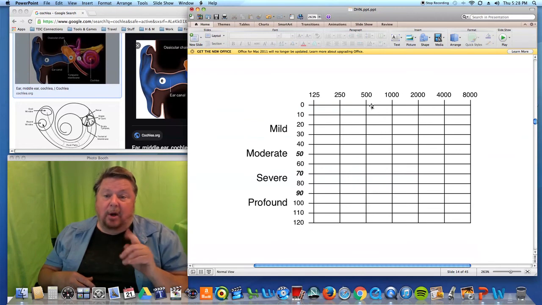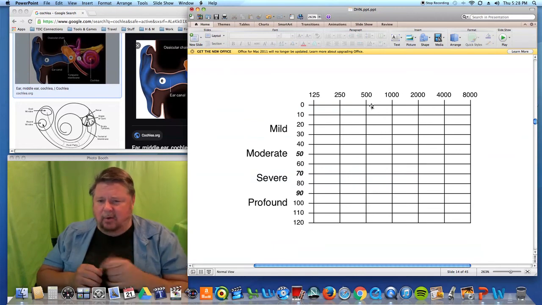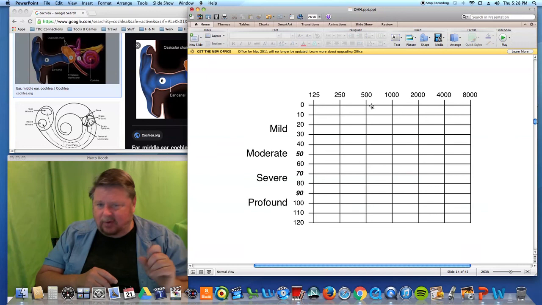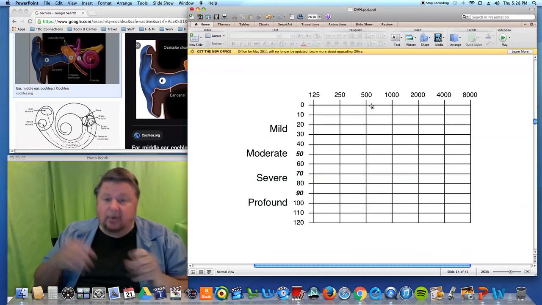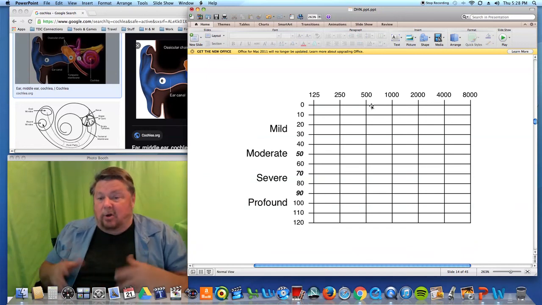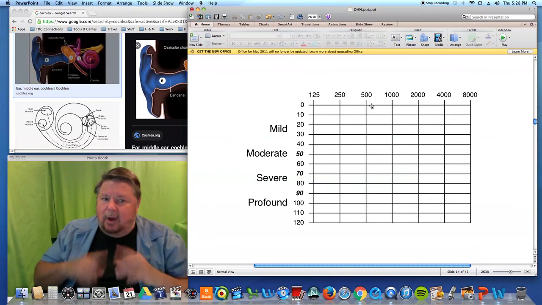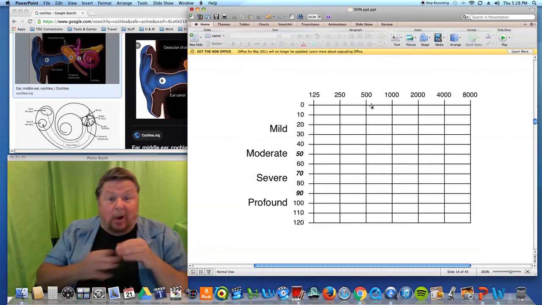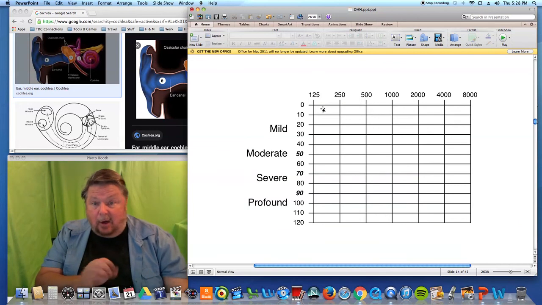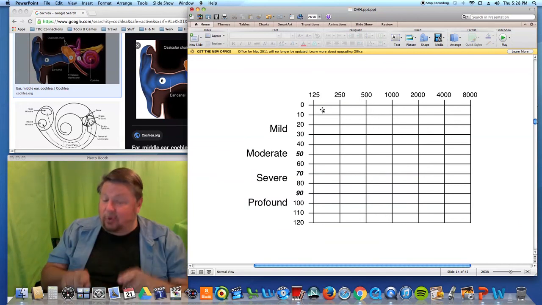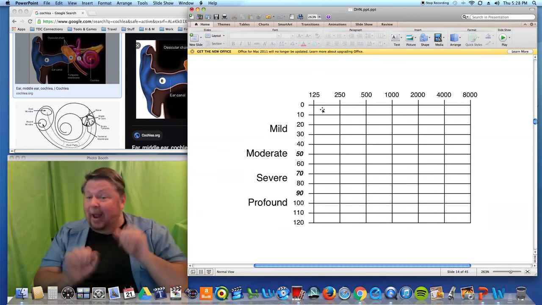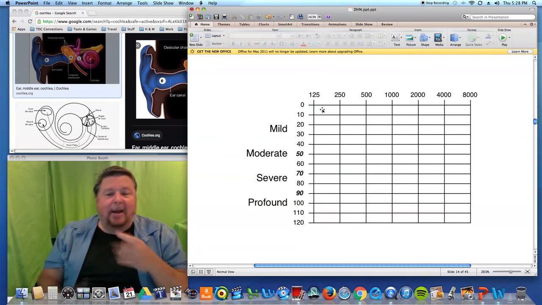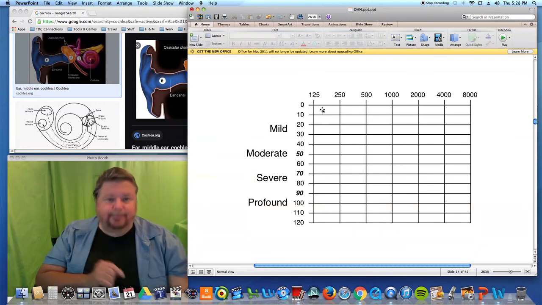Jake brakes on a truck, air brakes on a truck, or the low rumbling sounds are 125, 250. There's not a lot of language going on down here. As it turns out, many deaf people have good ability to hear those sounds. And there's a reason why, which I will get to in a minute.